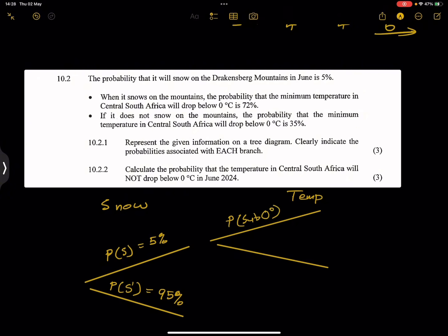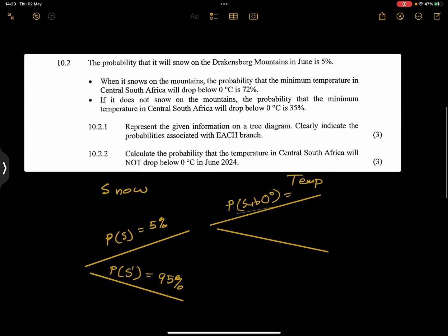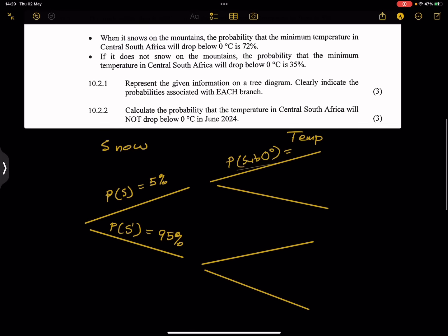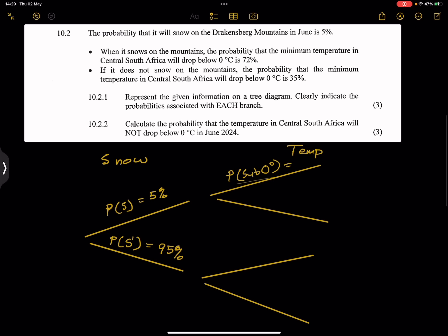They started with not snowing, so I'm going to start there. Actually, they gave us when it snows, the probability that the minimum temperature in South Africa will drop below 0 degrees is 72%.